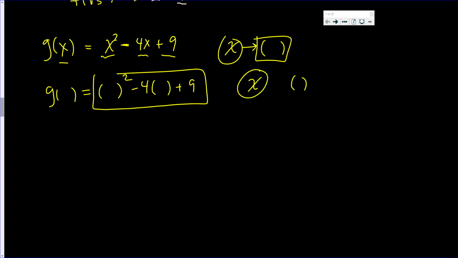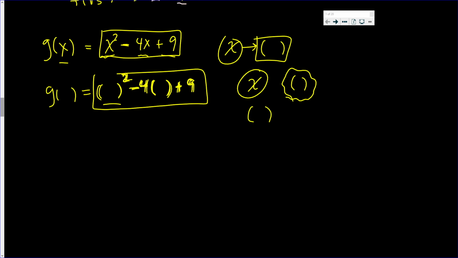Now I'm asking you to read that as x. So x squared minus 4x plus 9. Yeah, that's exactly what it says above. Okay, just write x that way.